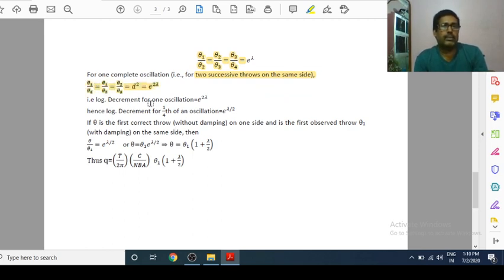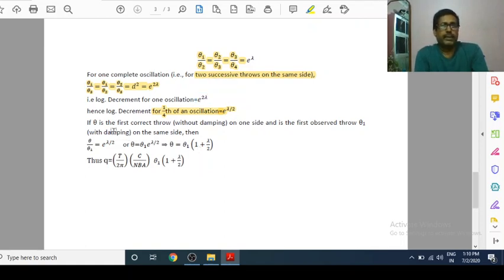So the log decrement for one oscillation is 2 lambda, but when we take one-fourth of an oscillation, try to understand here. When the coil deflects to one side, it completes only 1 by 4 of an oscillation. Suppose it starts on the right side, goes to the left side, returns, and comes back to the right side; then it completes one cycle. Here 1 by 4 means e to the power lambda by 2, because for one oscillation it is e to the 2 lambda.